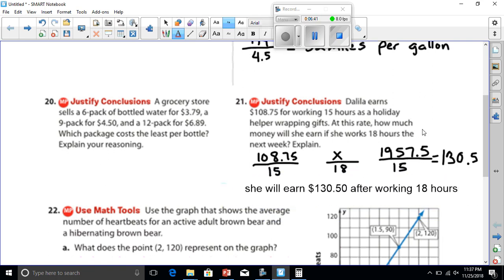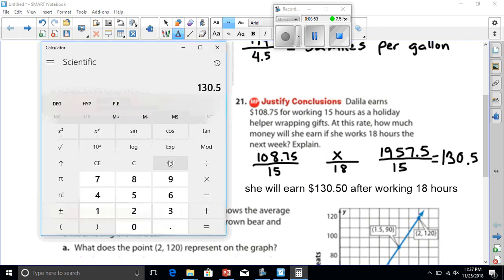Now, if you wanted to go ahead and do it the long way, you would simply say, I'm going to divide 108.75 by 15, and I find out how much 1 is. Let's try that just for a second here, so I can show you both methods. This time we're going to take 108.75, and we're going to divide it by 15, our division problem here. That gives us 7.75.